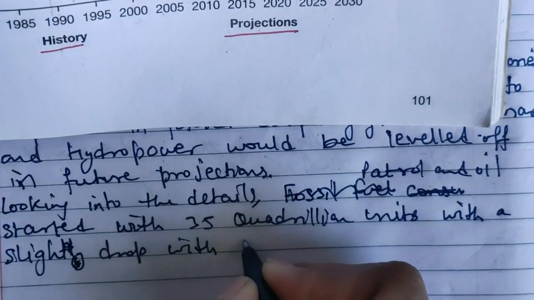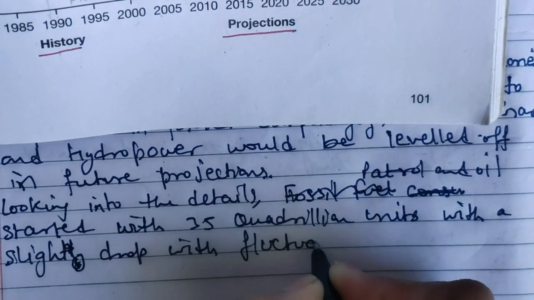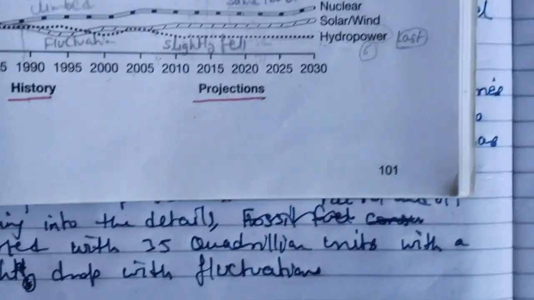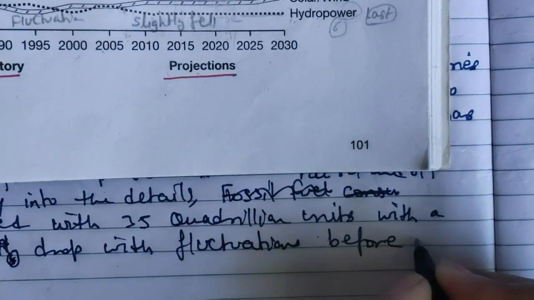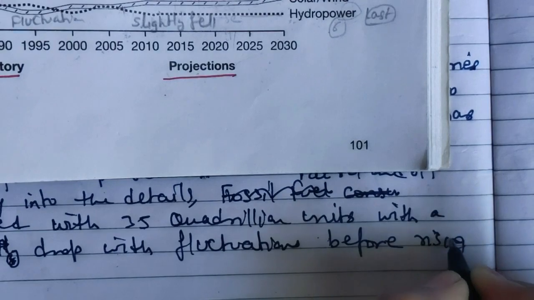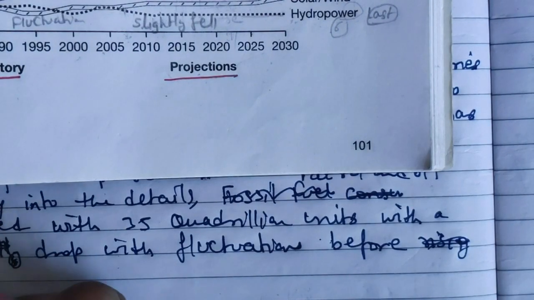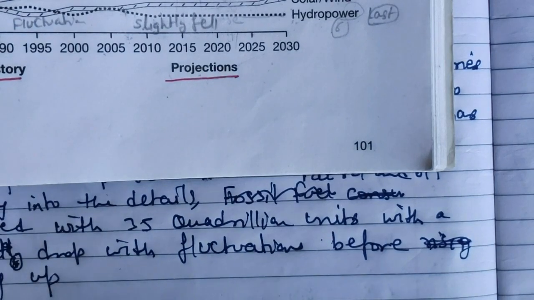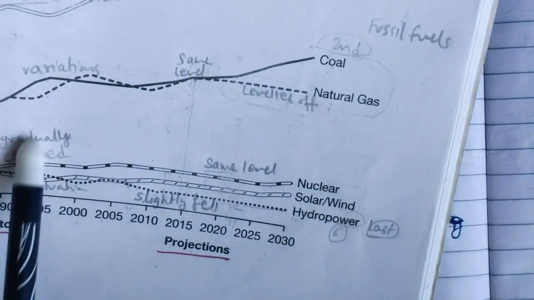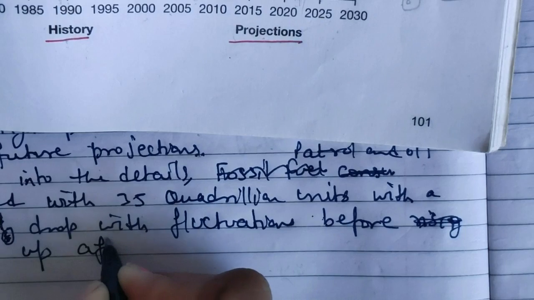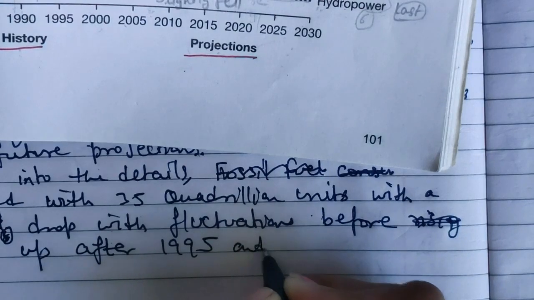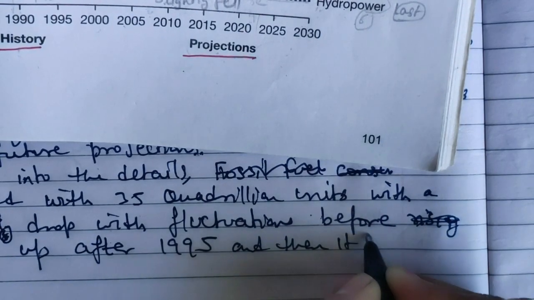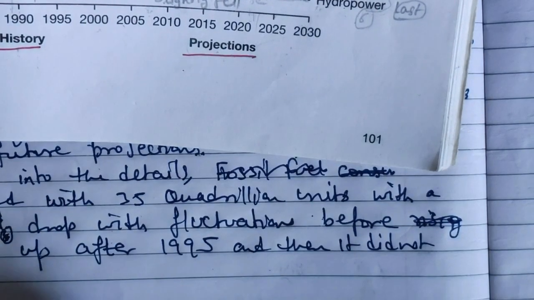So with fluctuations, before rising up after 1995, see 1995, so when it started rising, rising up after 1995, okay, and then it did not look back.